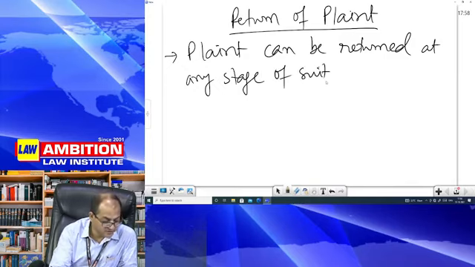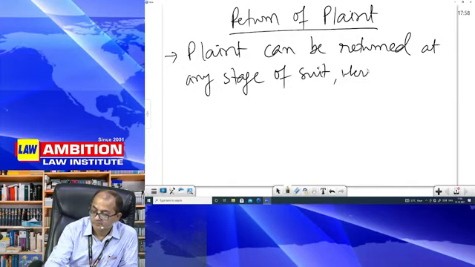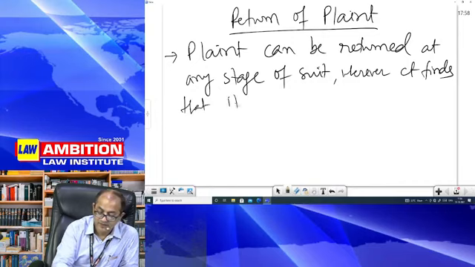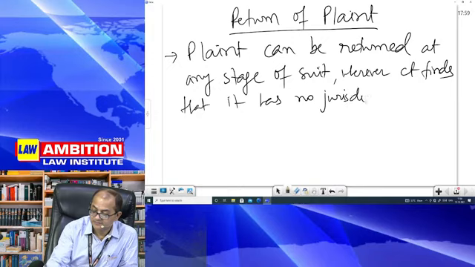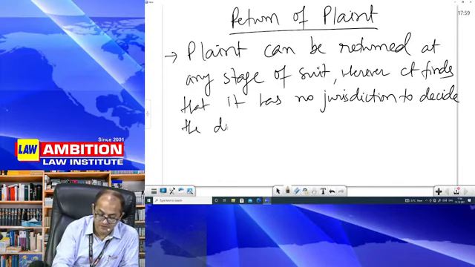Wherever the court finds that it has no jurisdiction to decide the dispute.